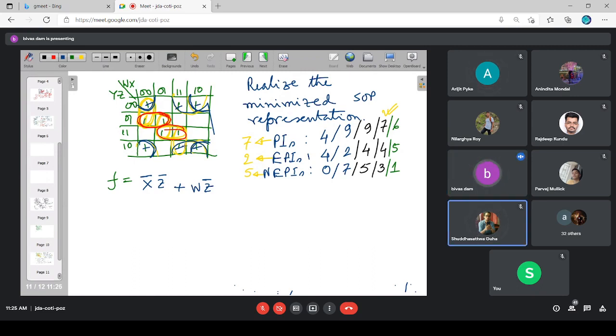4. Now I have to go for one judicious choice from among the non-essential PIs. So out of those 5 non-essential PIs, I have to now go for one judicious choice. What will be the judicious choice?